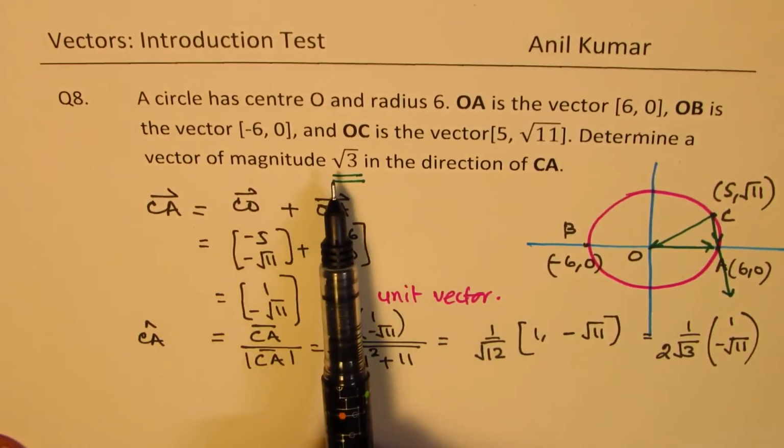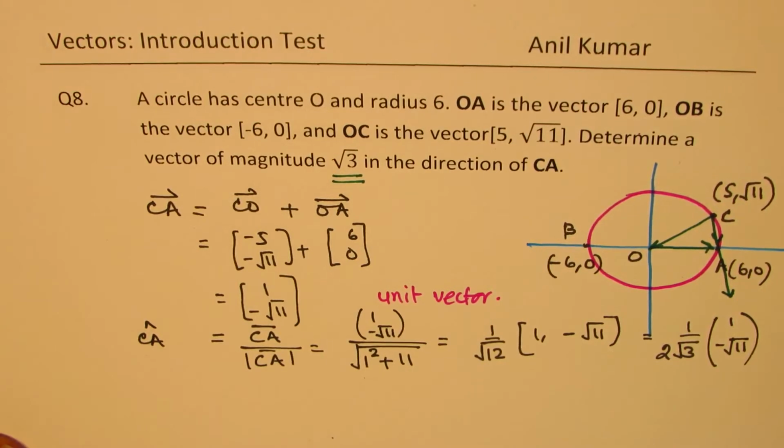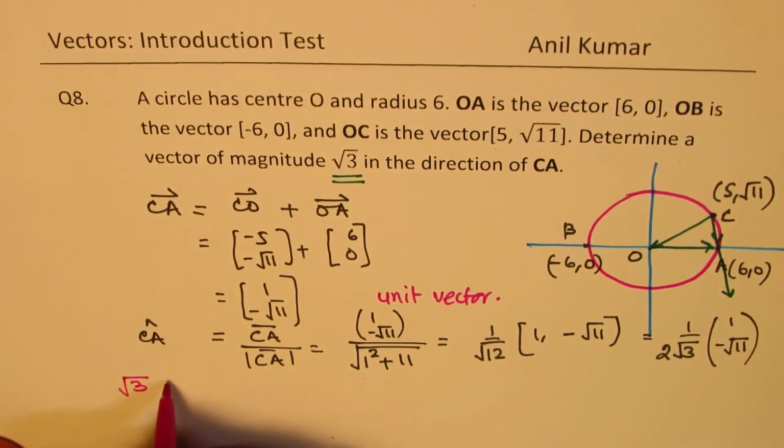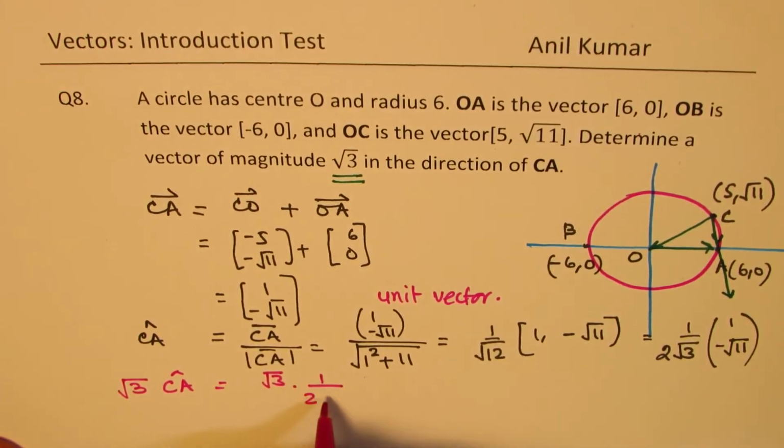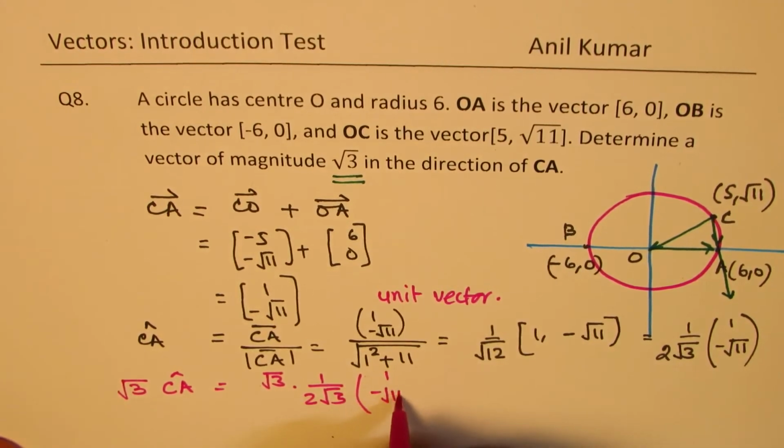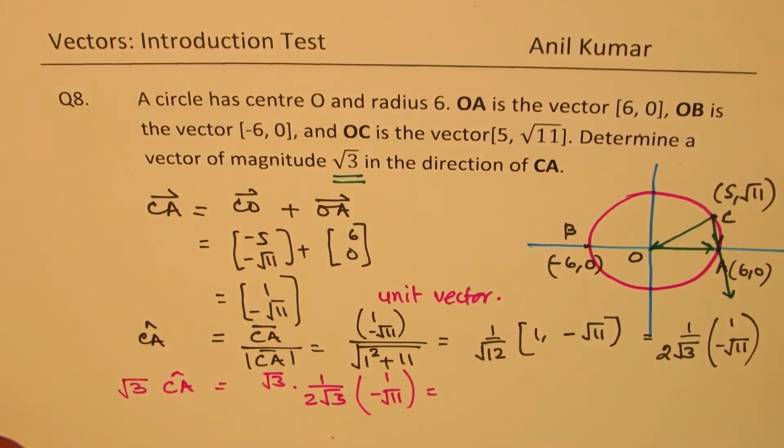Now to get a magnitude of square root 3, we are going to multiply this with square root 3, right? So square root 3 times the unit vector CA is our answer, right? So we'll get square root 3 times 1 over 2 square root 3 times this vector (1, minus square root 11). Is that clear to you? So square root 3 will cancel.